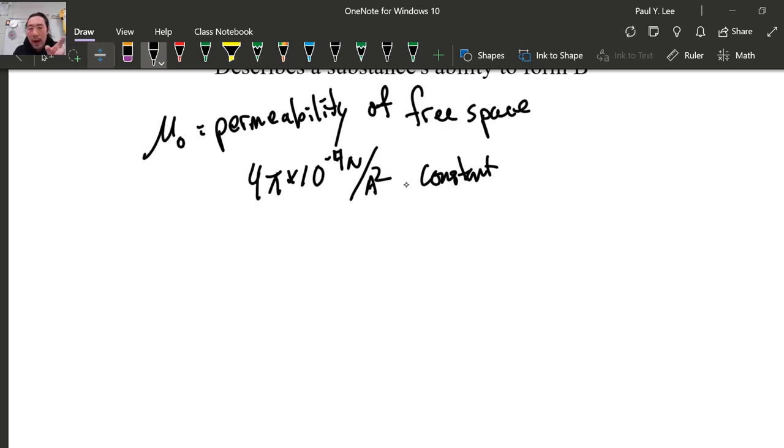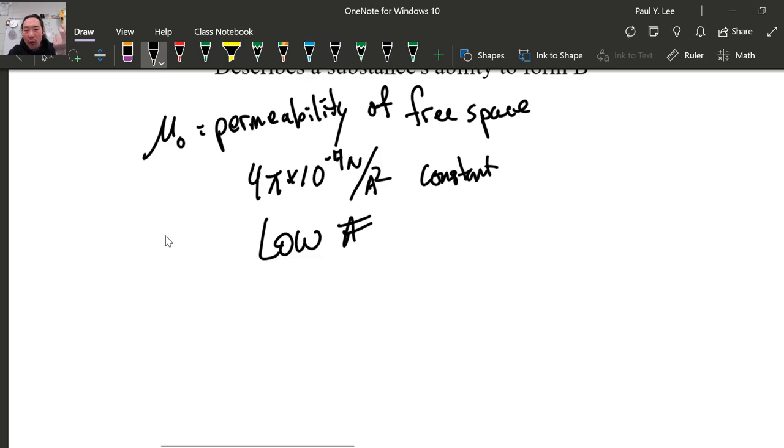Now, the important thing about this is that it is a very, very low number. That tells us that free space doesn't have the ability to turn other things into magnetic materials. It itself is not a magnet. It's very, very small.